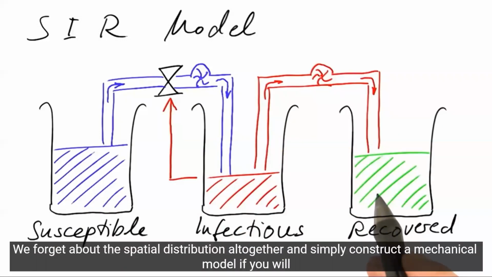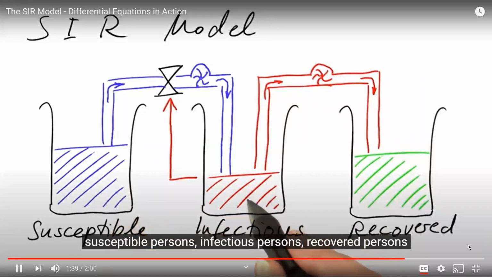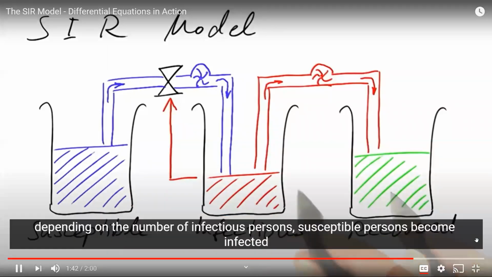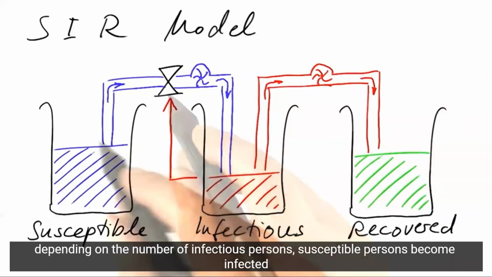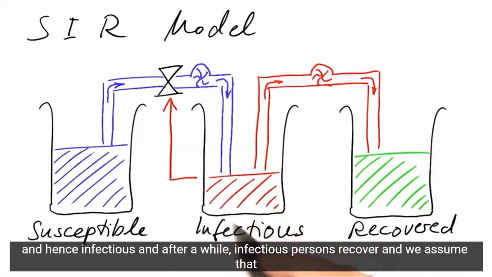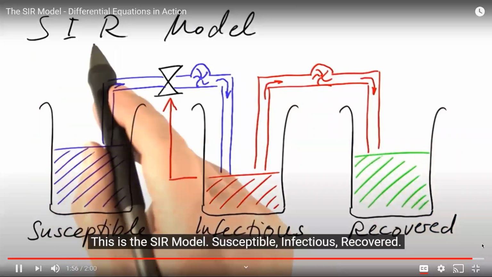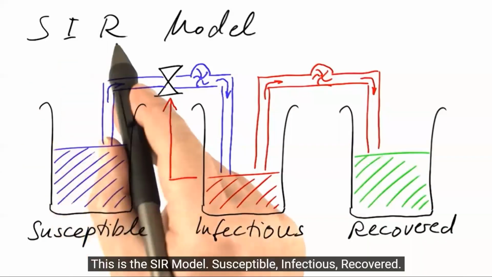We forget about the spatial distribution altogether and simply construct a mechanical model, if you will, in which the population consists of three compartments: susceptible persons, infectious persons, recovered persons. Depending on the number of infectious persons, susceptible persons become infected and hence infectious, and after a while infectious persons recover. And we assume that recovered persons are immune against the disease and cannot be affected again. This is the SIR model: susceptible, infectious, recovered.